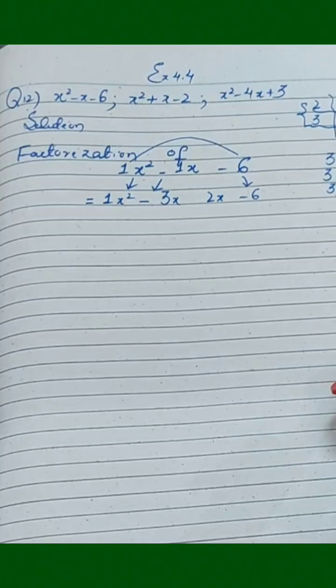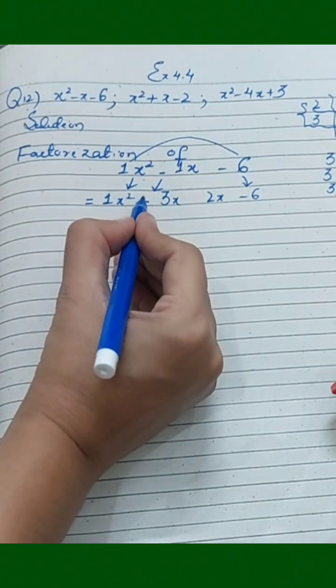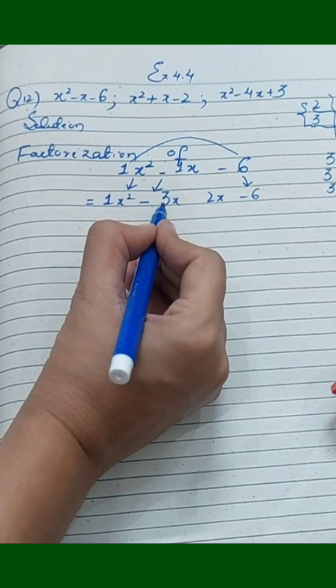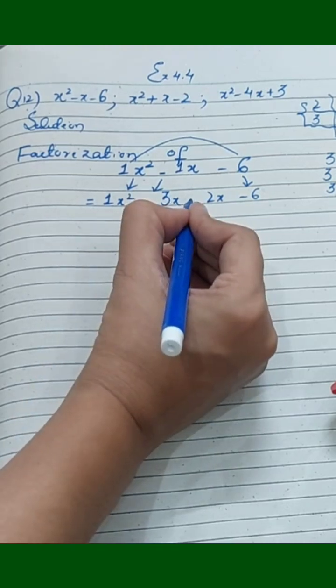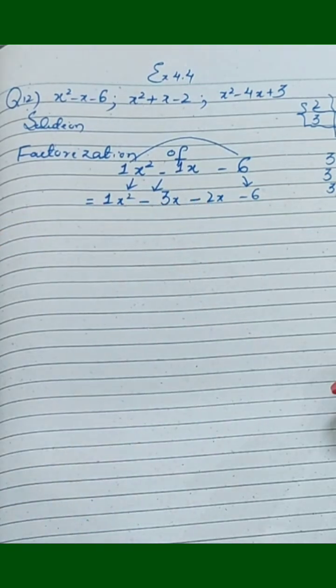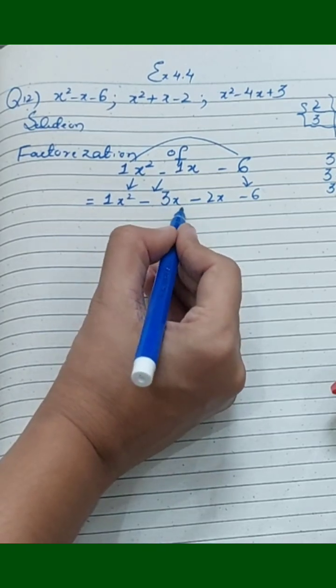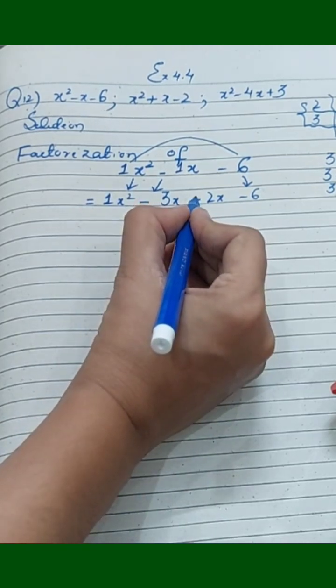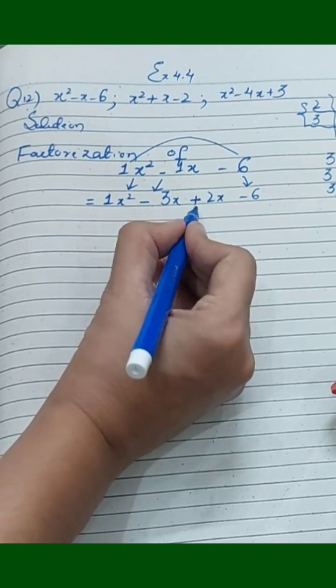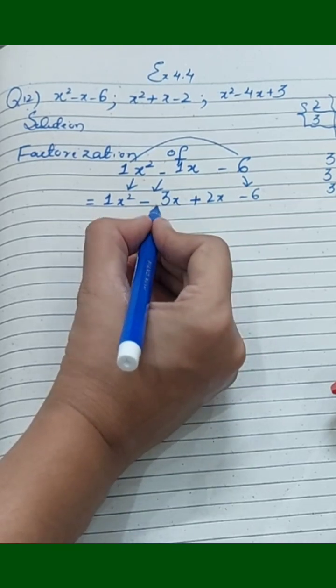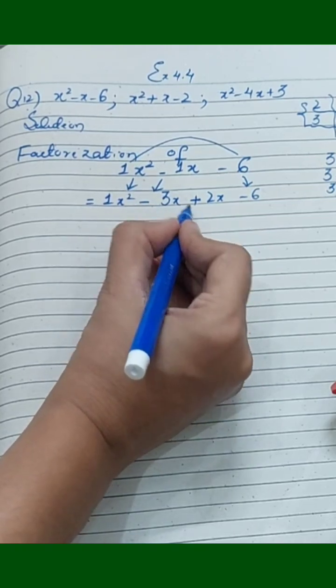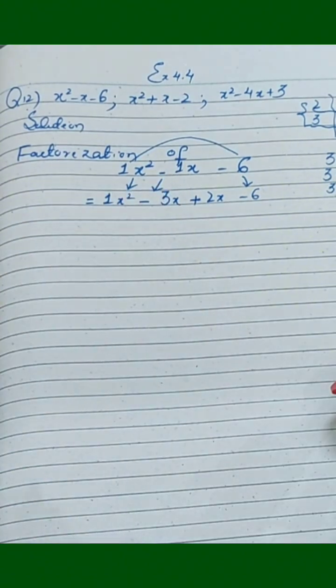So I told you before that you take this sign from the greatest number. When you take minus here, you can see it will be minus minus plus 3 and 2 is equal to 5, which is wrong. So you can take plus sign, then it will be minus 1. Plus minus minus 3 plus 2 is equal to minus 1.